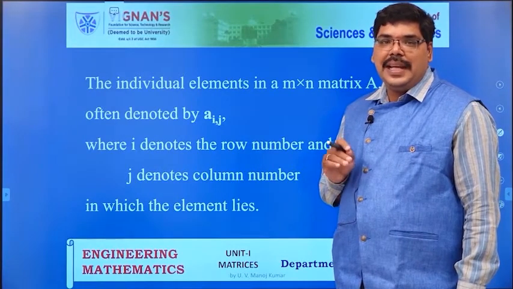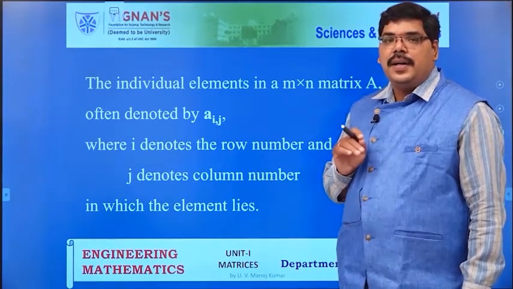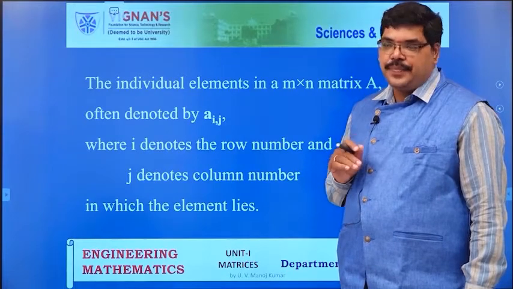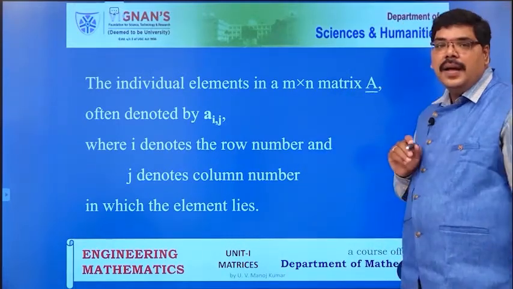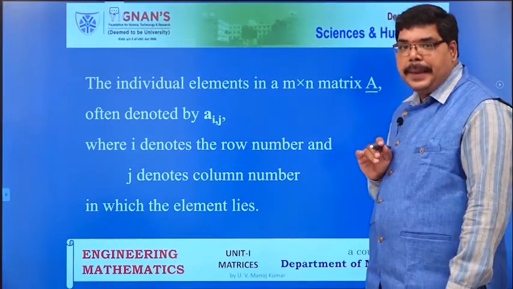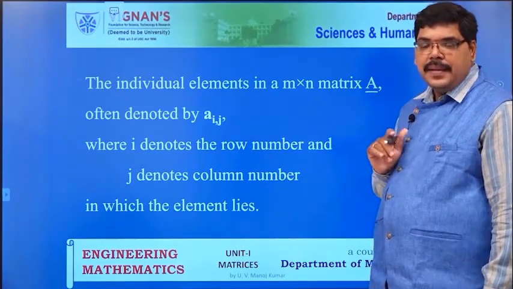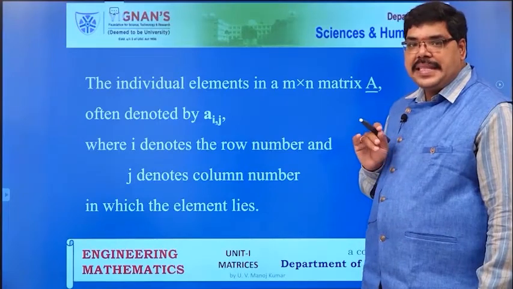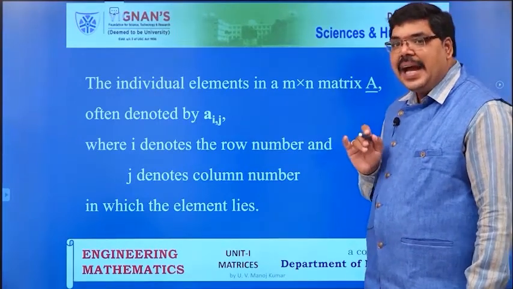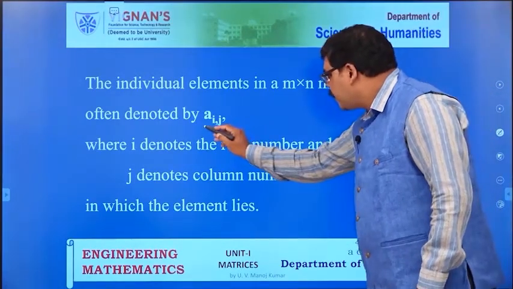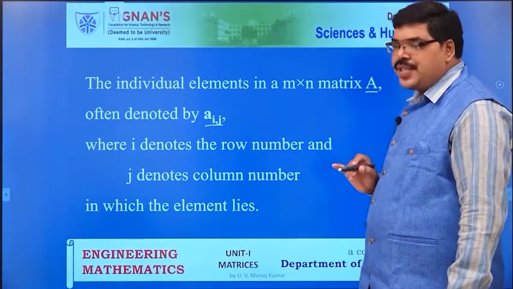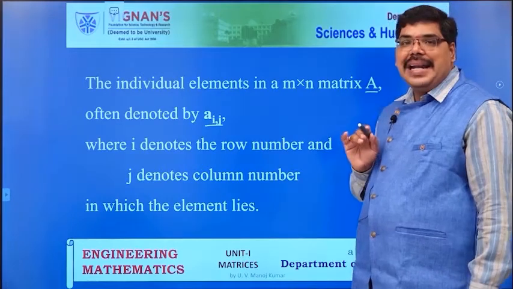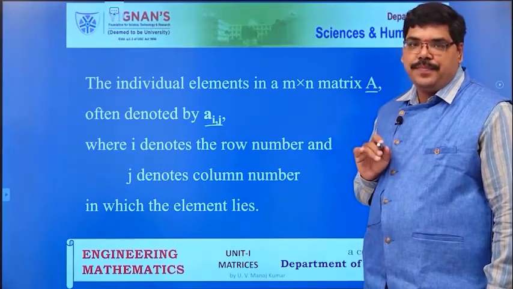The individual element of an m by n matrix named capital A is denoted as Aij, where i denotes row number and j denotes column number.